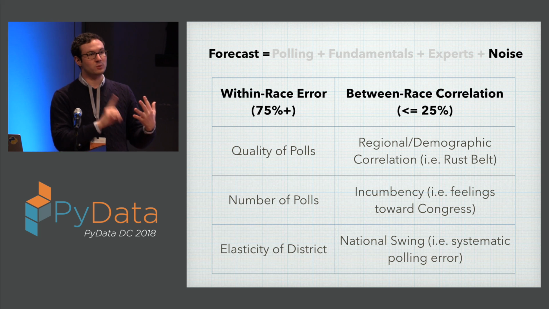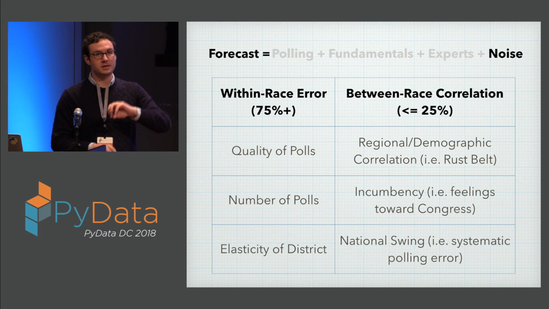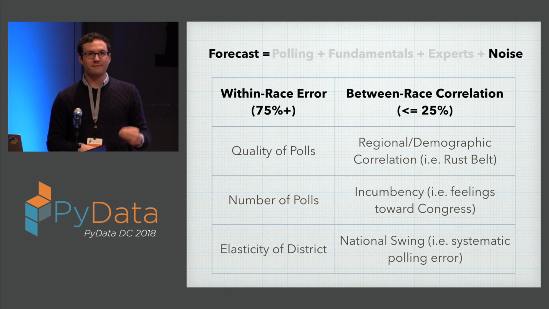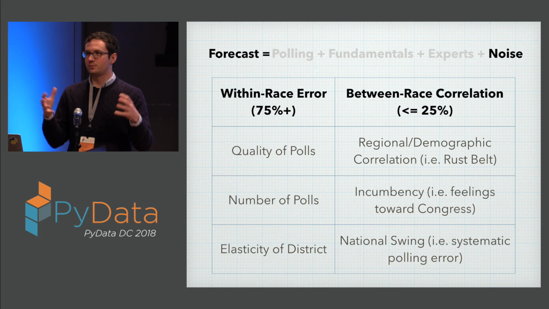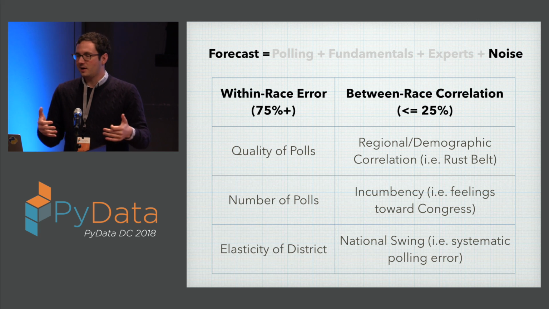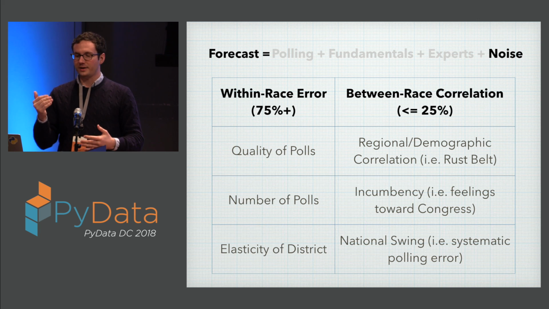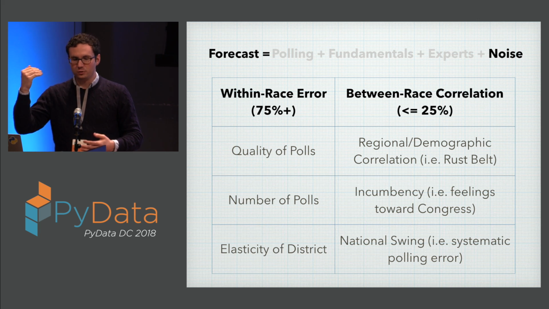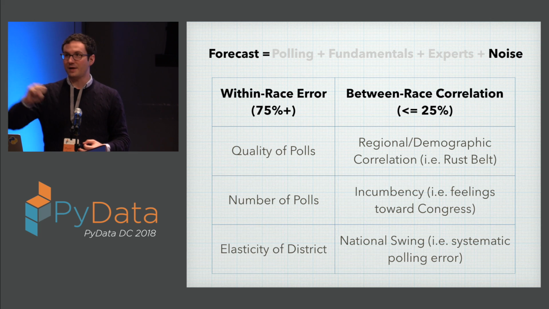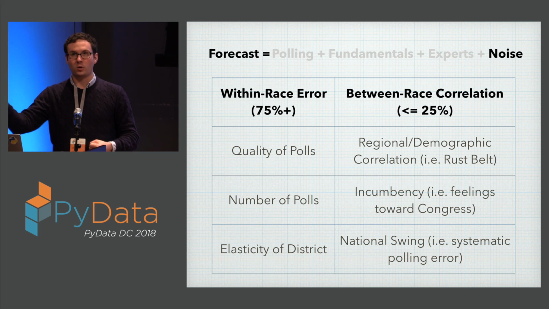There's the number of polls as well as the diversity of those polls, or the number of different pollsters that are used. 538 has a strong preference to use multiple pollsters where possible because, as you can imagine, if you only have one pollster who's predicting a certain race, and that pollster happens to be off in one direction consistently, that's going to be bad.